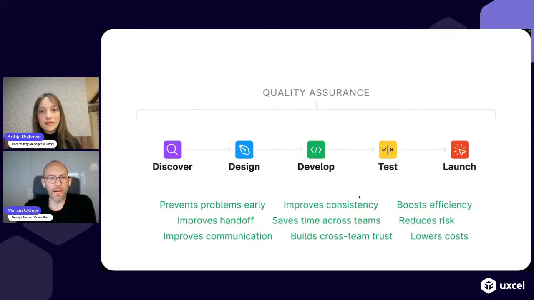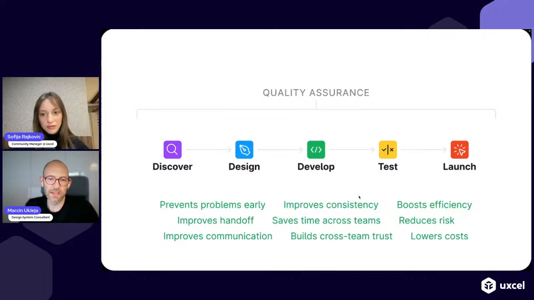There are a bunch of benefits of using a quality assurance approach, and sometimes we probably don't even know that some things could be qualified as quality assurance. But basically, quality assurance is about preventing problems, so rather preventing than correcting.